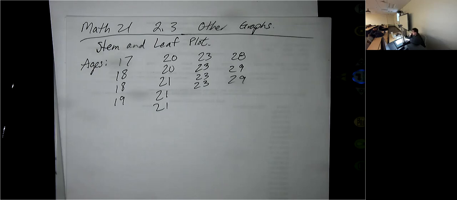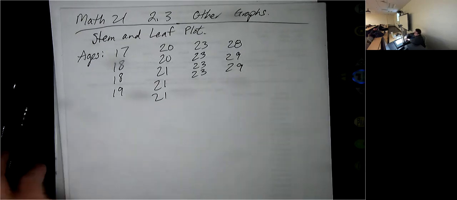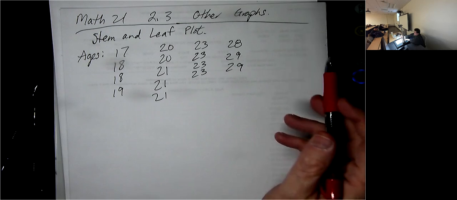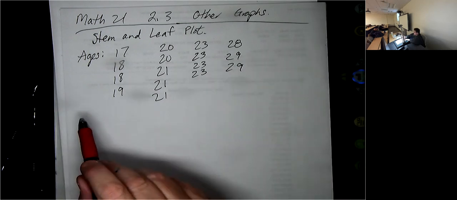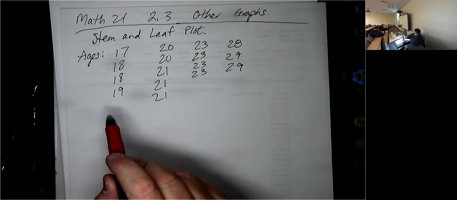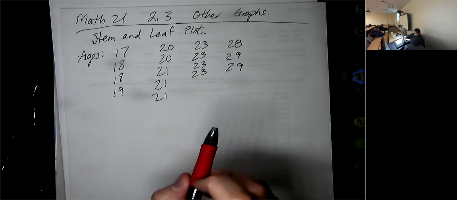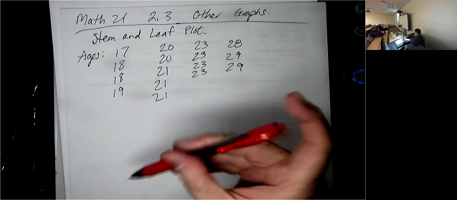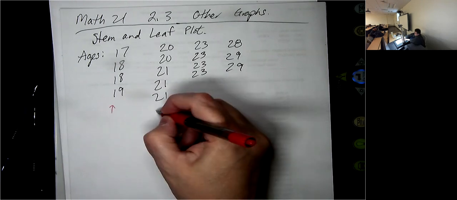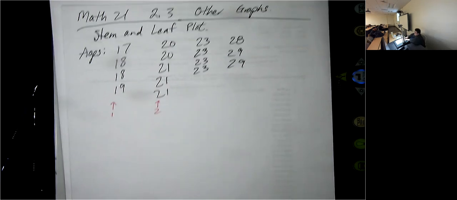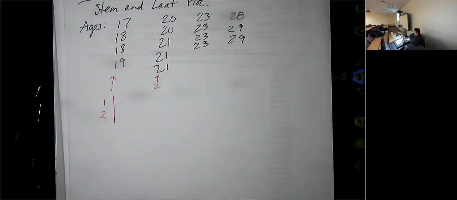All right. So, stem and leaf plot. The way the stem and leaf plot works is we're going to use the first number, or first 2 numbers if it's like a 3-digit number, and that's our stem. So my first digits available are 1 and 2. I've got 1s and 2s. So the way they organize the data is they will put a 1 and a 2, and they'll do something like this.